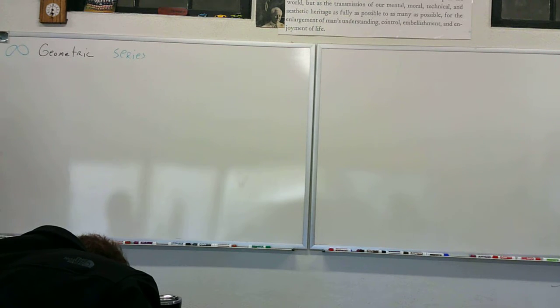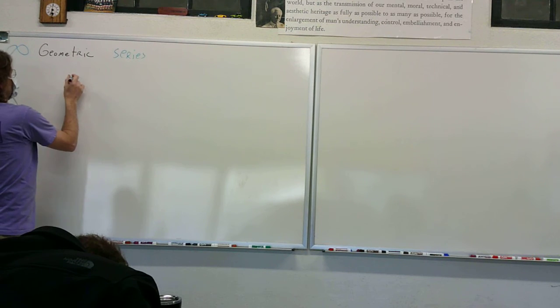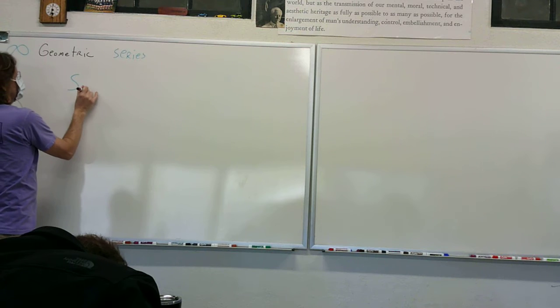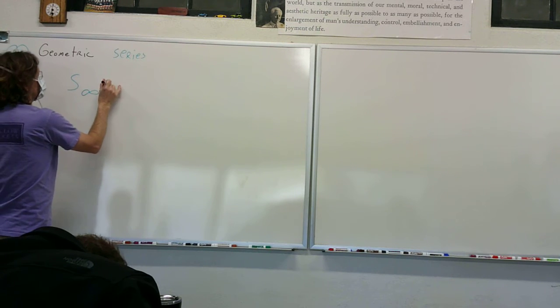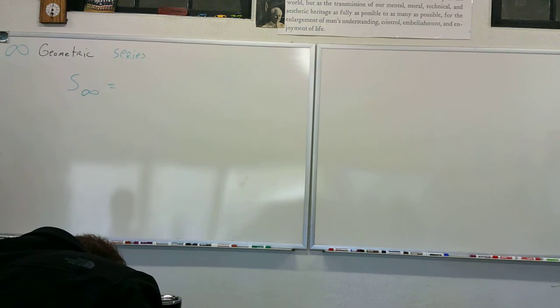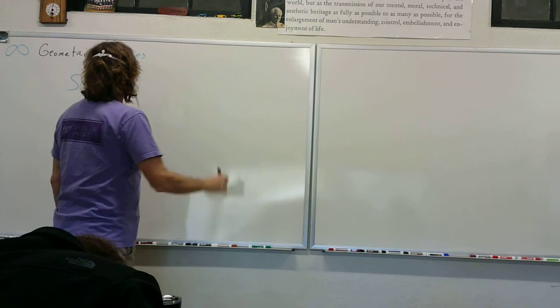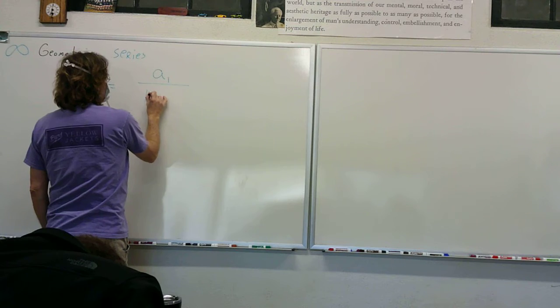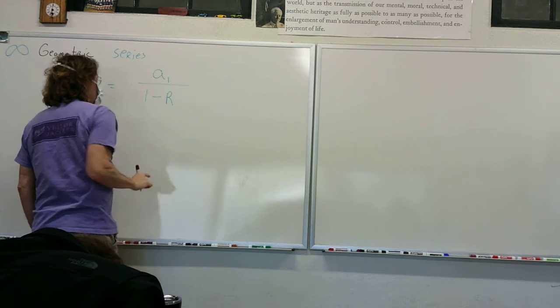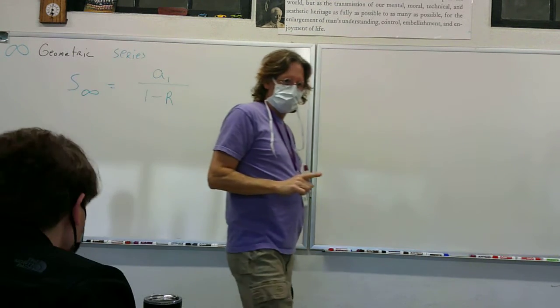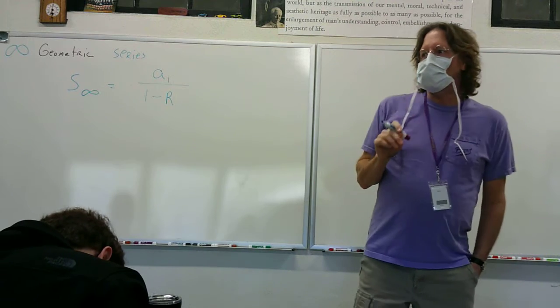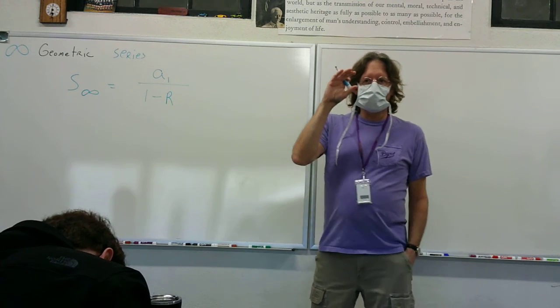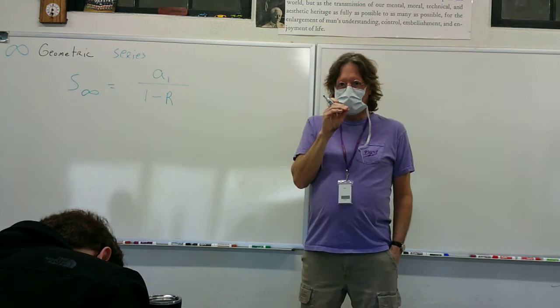Okay, here we go. The sum of an infinite geometric series is equal to the first term over 1 minus the ratio. But there's a problem. The numbers you're adding are going to have to get closer and closer to what? 0.